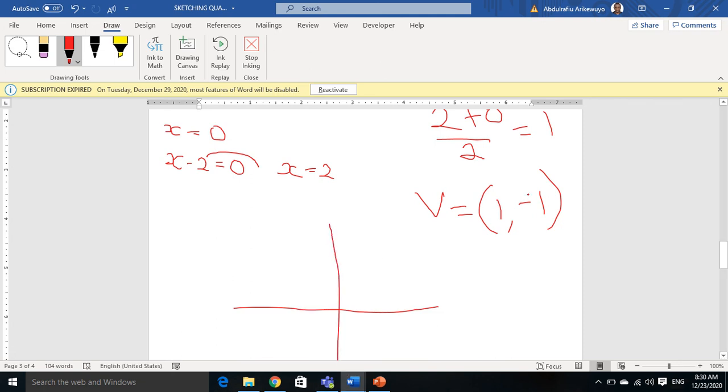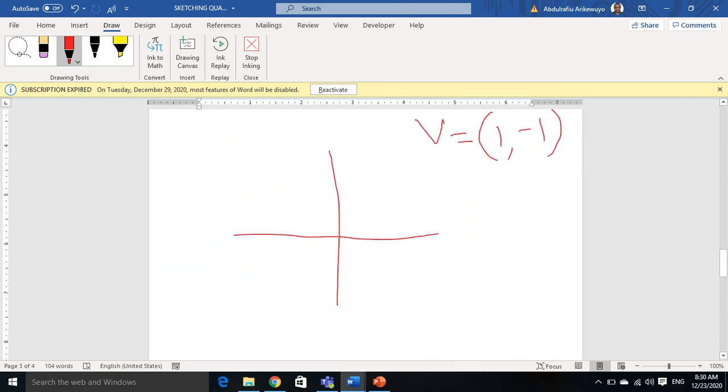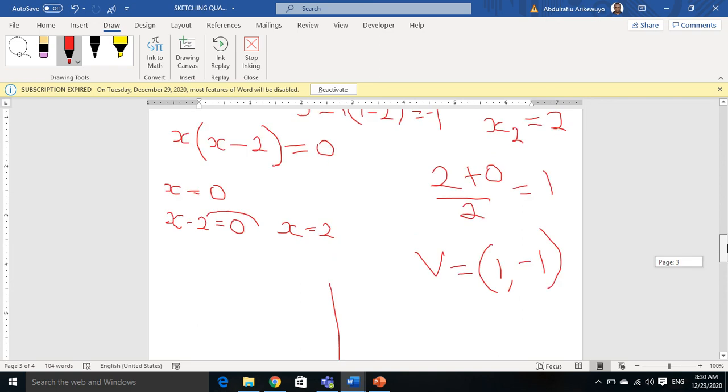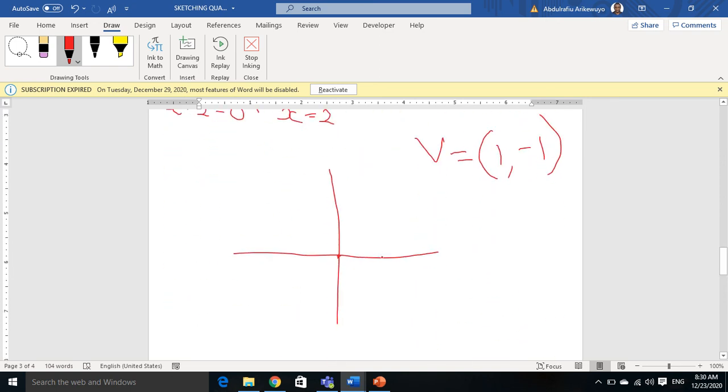Now my x1 is what? It is 0. So this is the point for 0. And my x2 is 2. This is going to be my x2. Okay, let me say this is 1 and this is 2, right?